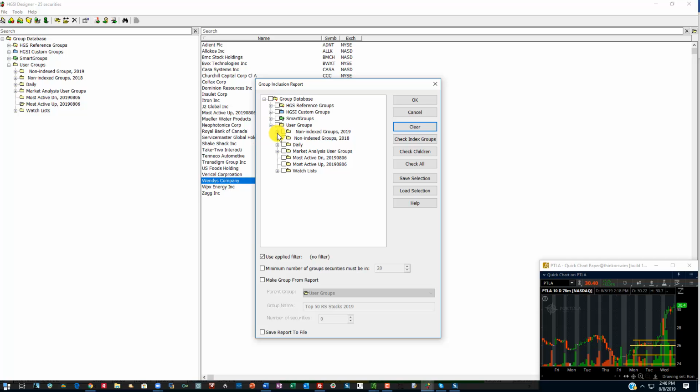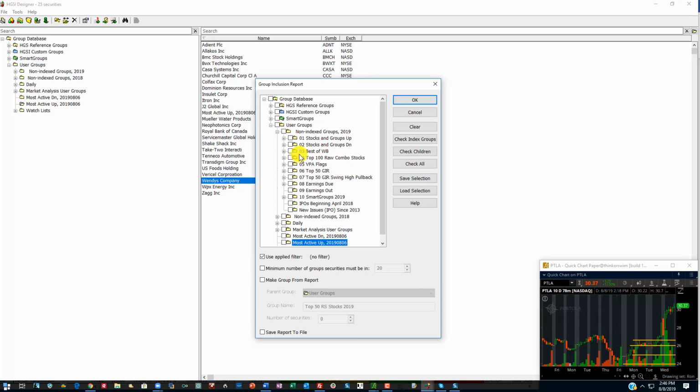And I think I better turn my updating off here. And I'm going to go into my top raw combo stocks. And I'm going to select the checkbox here, and it's going to check every subfolder under the top 100 combo stocks. And then I'm going to check children.